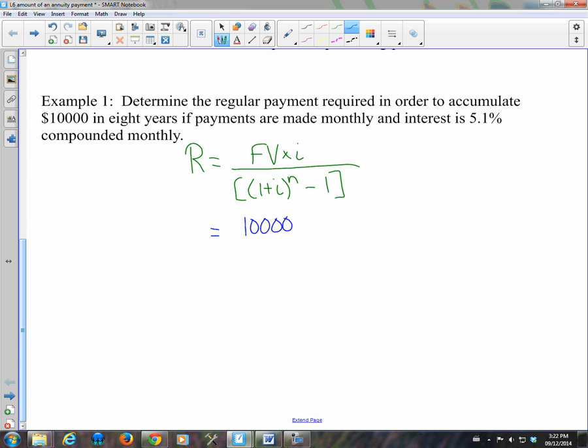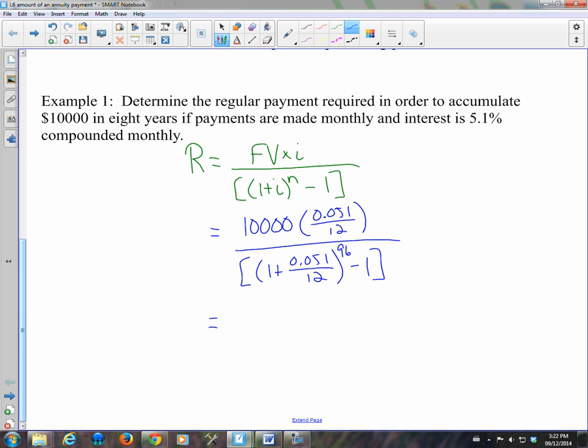Our interest is 5.1% compounded monthly, so 0.051 divided by 12. And we have 1 plus 0.051 divided by 12, to the power of 8 years compounded monthly, so 8 times 12 is 96, and minus 1, brackets. So same thing as your future value.